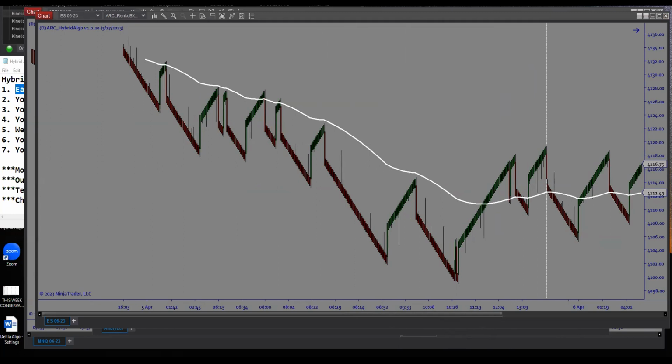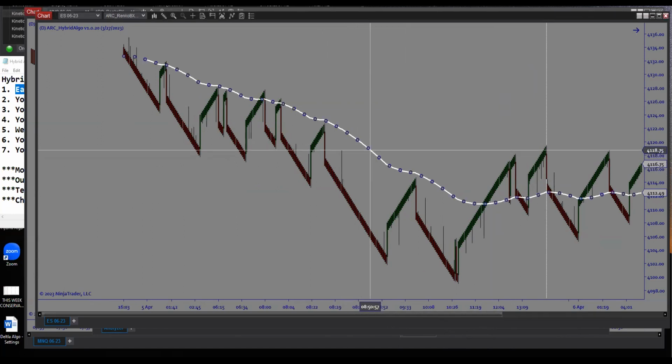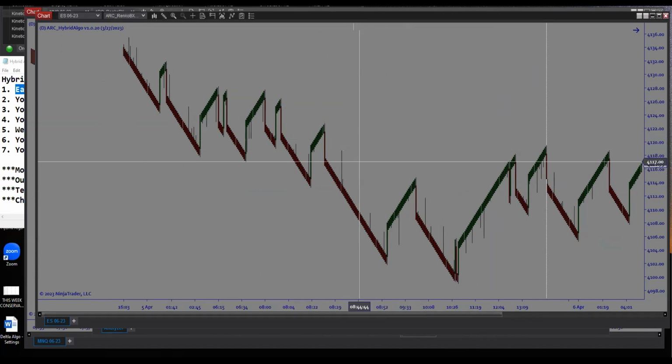Now, understandably, I understand that, Jeff, but I'm just giving them context, right? I'm not saying you'd use the 200 EMA because that's based on this time frame, the 1 minute.